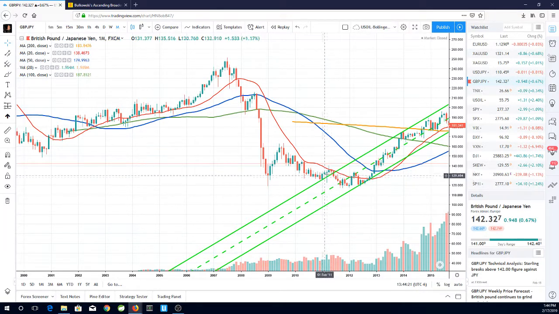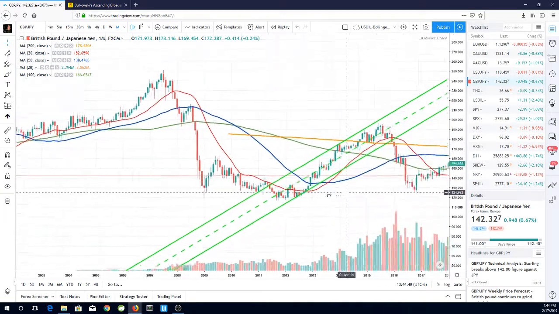It bounced off of that. It came through and found some support at that area. It continued, actually bounced before that, and then found more resistance at the middle point. That's another good indication. And then in parallel to that, you find support there.